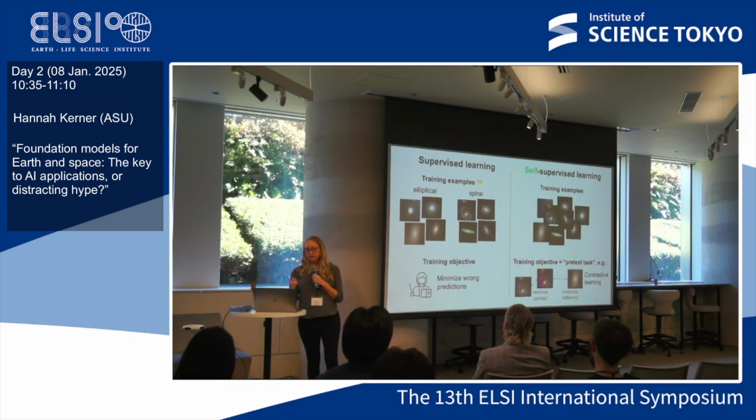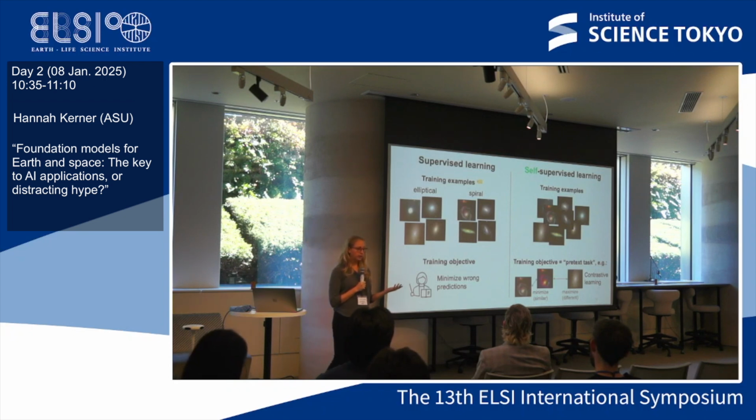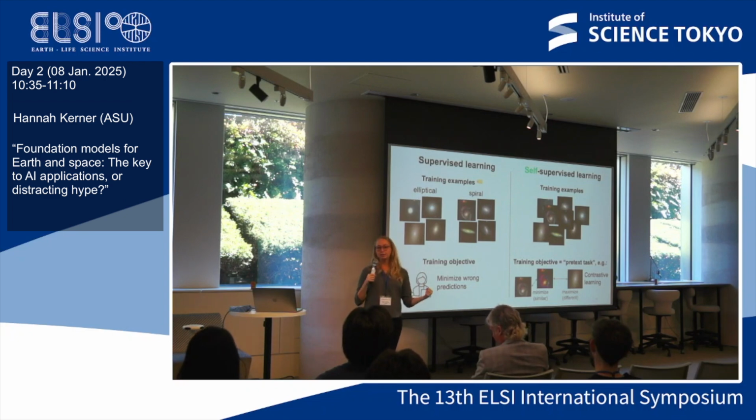Another common pretext task is contrastive learning, where we take pairs of things that are similar and pairs of things that are different, and we try to minimize the distance between the features a model learns for the similar pair of examples and maximize the distance between the different pairs of examples.